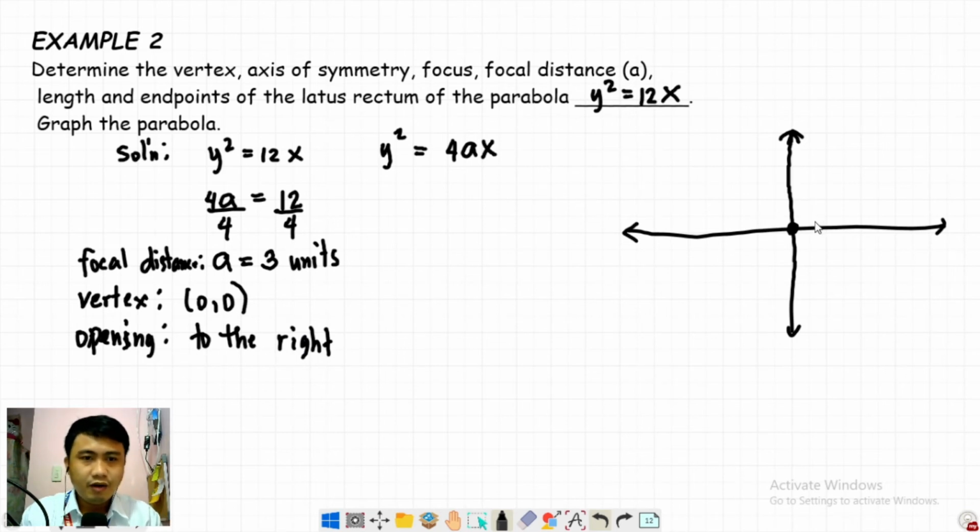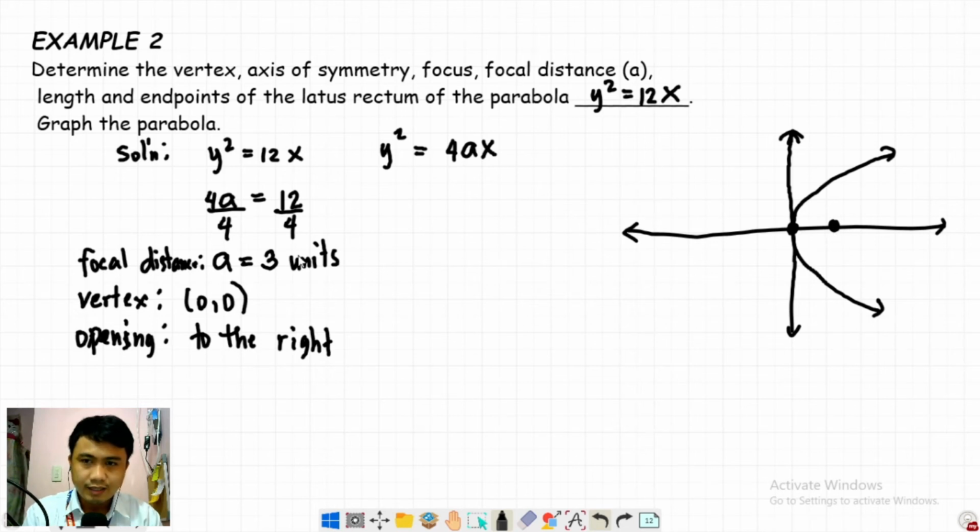Okay? And then, of course, we have our focus located since opens to the right yan, dito yung ating focus. Opens to the right. Okay, this is our focus. Our focus is how many units from the vertex?